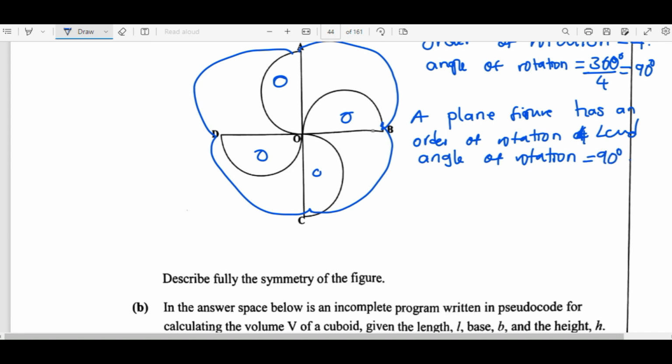So under the description of rotation of figures, you just have to make sure that you include the angle of rotation as well as the order of rotation. So that's what you're supposed to do.